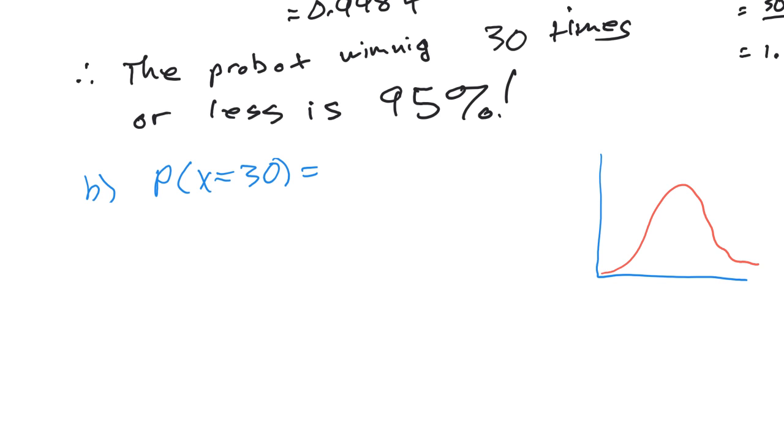So now when we're looking for X equal to 30, we're going to have 30.5 above and 29.5 below to get this chart.